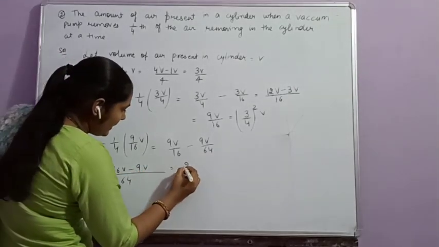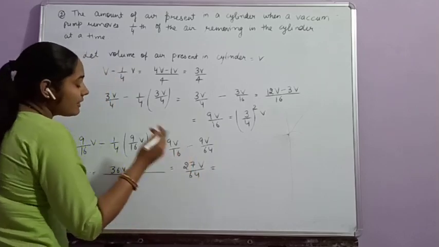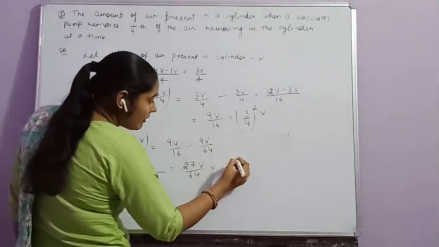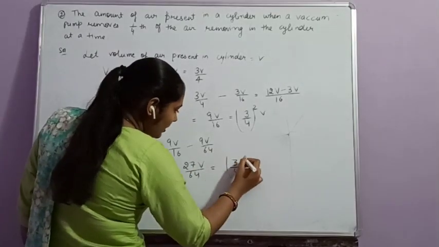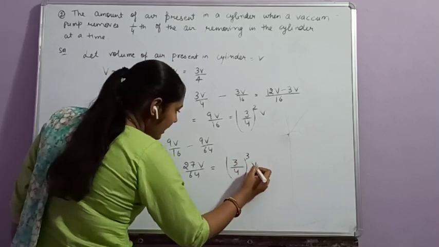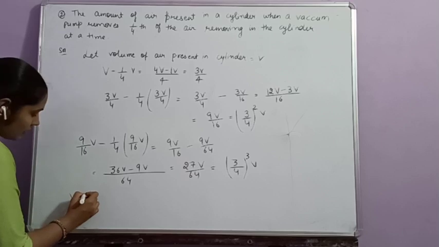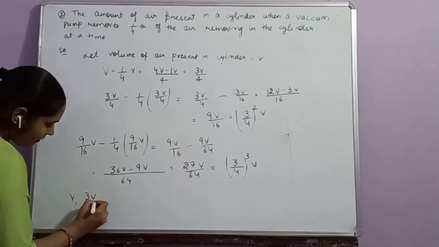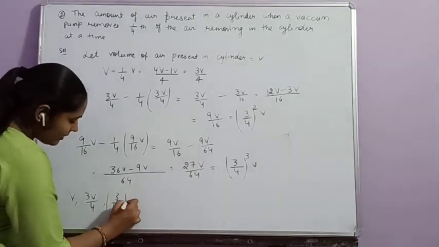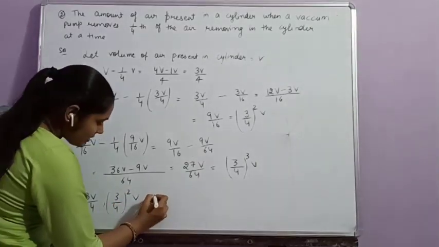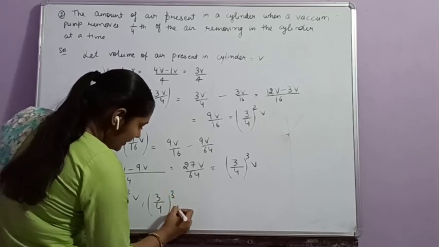That is equal to 27V divided by 64. 27 can be written as 3 raised to the power 3 and 64 can be written as 4 raised to the power 3. That means sequence is V, 3V by 4, 3 by 4 square into V. Next is 3 by 4 cube into V.